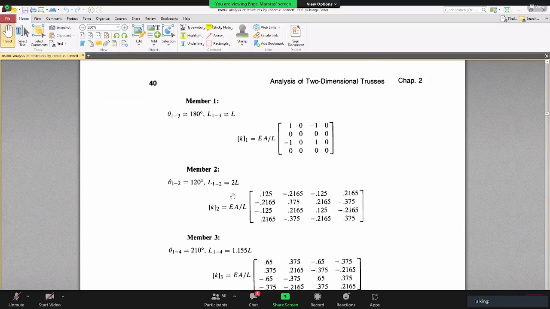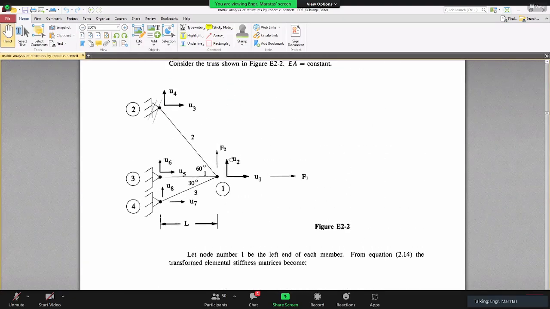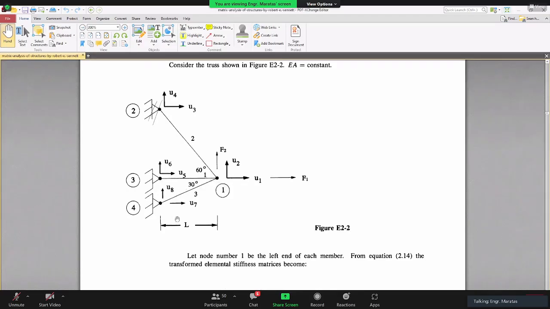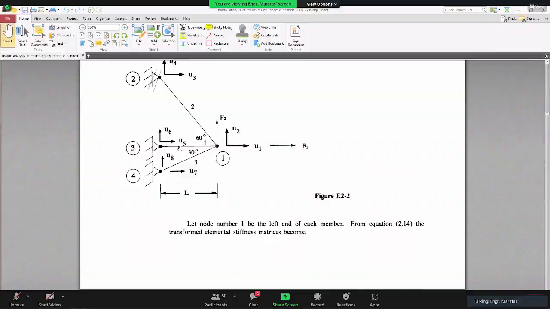Of course, we can calculate the length in terms of the value of L. We simply use trigonometric relations. For example, for member 2 this is L, right? So what trigonometric function? Cosine.